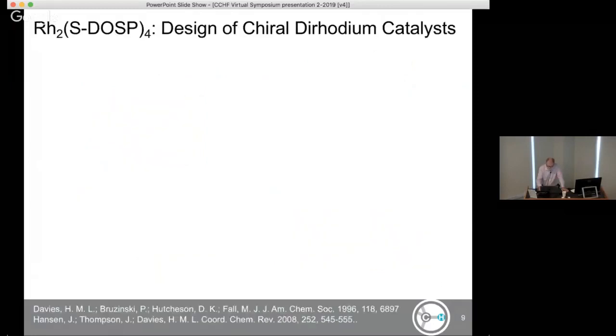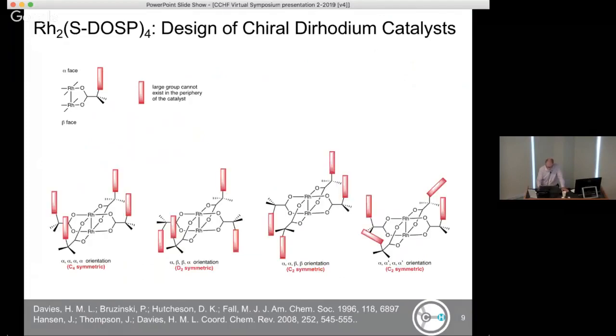Okay, so in terms of these catalysts, rhodium DOSP, when it was developed, the basic structure of the dirhodium tetracarboxylate was not considered to be ideal for the design of chiral catalysts because the rhodium has 2 faces and the carboxylates all point away from where the carbene would bind. And so when we did develop rhodium DOSP and found it was really effective, we made the hypothesis that maybe these catalysts adopt a higher symmetry than the ligands themselves.